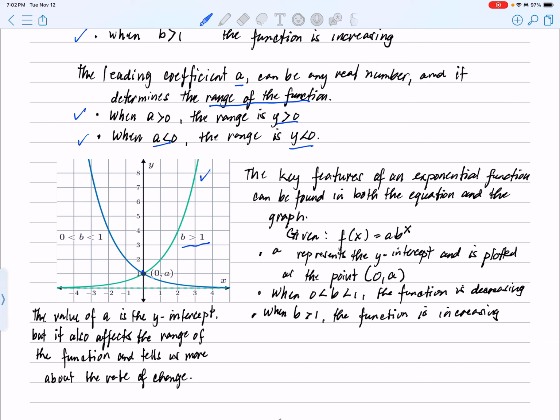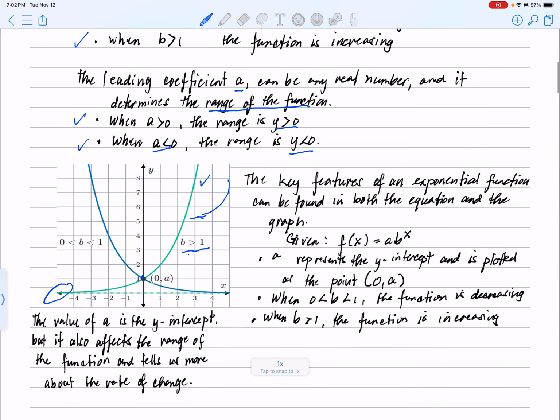That means it curves upward, facing to the left. The blue one is facing to the right, and that means b is less than 1.